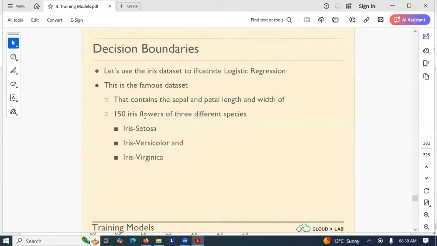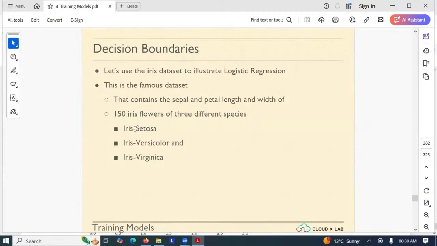In this iris flower data set, there are 150 flowers and there are three classes, right? Setosa, versicolor, and virginica. The total number of samples in this data set is 150, with 50 samples for each class.